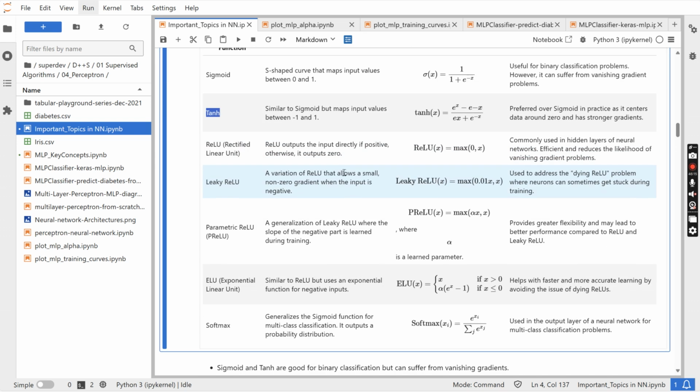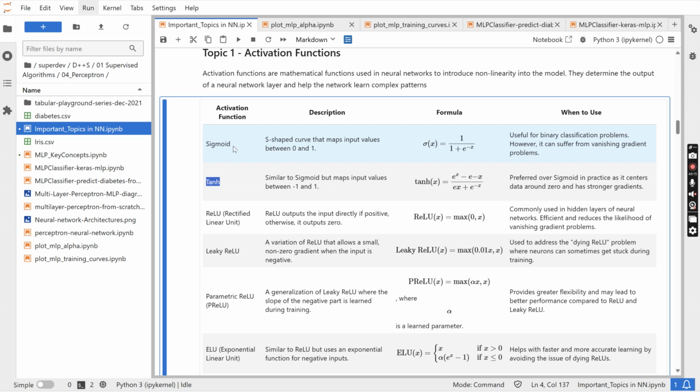Another activation function is tanh. Instead of sigmoid, now you can map the values between -1 and 1, and this is the formula, e to the power of x minus e to the power of minus x by, again don't worry about remembering the formulae. Just know tanh takes the input and puts it between -1 and 1.